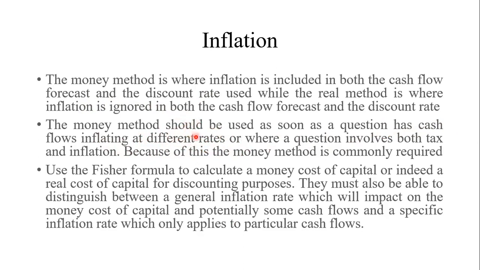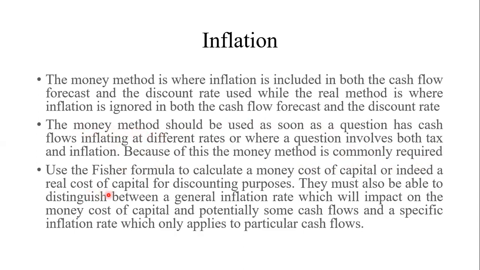Once you see that, it should give you a clue that we are going to use the money method. Or where a question involves both tax and inflation. If you have a question that has both tax and inflation, then you are likely to use the money method. Because of this, the money method is commonly required. Like I said previously, a lot of these investment appraisal questions are based on the money method.